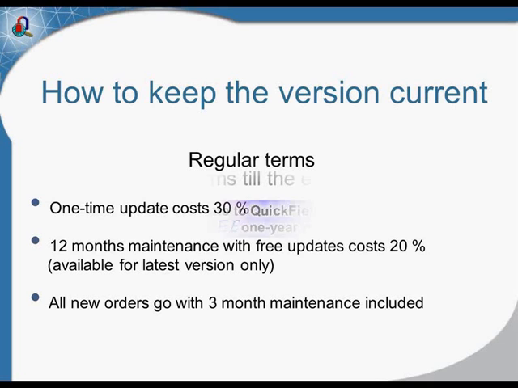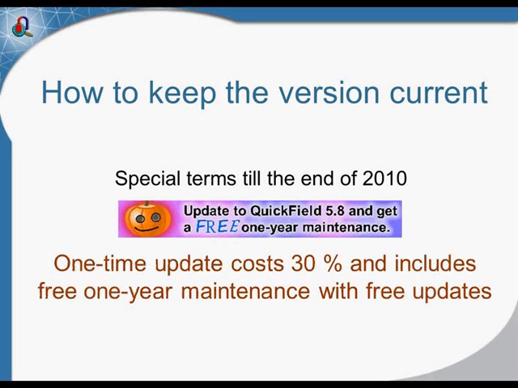But right now, till the end of this year, we're offering a promotion. Any new update orders placed this year will go with 12-month maintenance included. So it means that if you update your copy of QuickField to 5.8 today or tomorrow or till the end of December, you will be entitled to free updates for the full next year.